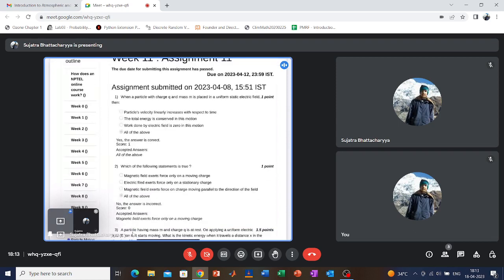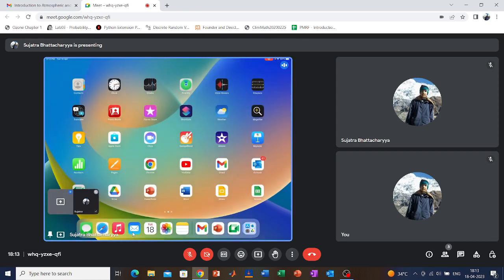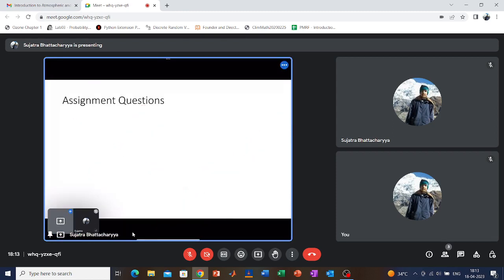Coming to the second question, it states which of the following statements is true. Number 1, magnetic field exerts force only on a moving charge, which is true. So if I just go to the second question, now this magnetic force Fb, suppose no electric field is present, so Q into V cross B is the force.